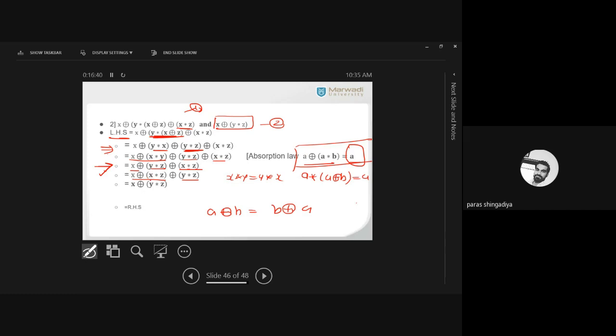A is X here, B means Z. So X ring sum (X star Z) is equal to X again. The last term is as it is, Y star Z, and that is our required form, X ring sum (Y star Z). That is the required answer, and that is the RHS. That is the second example.